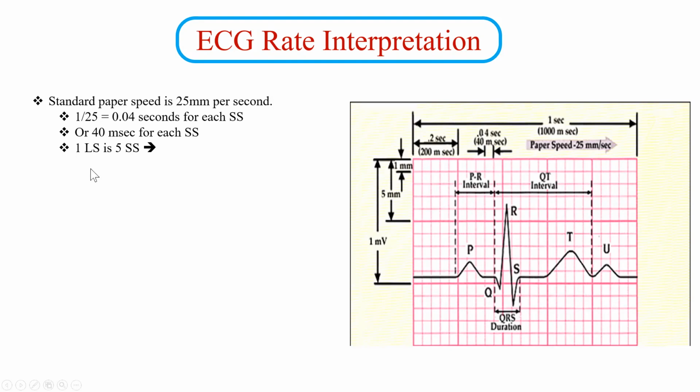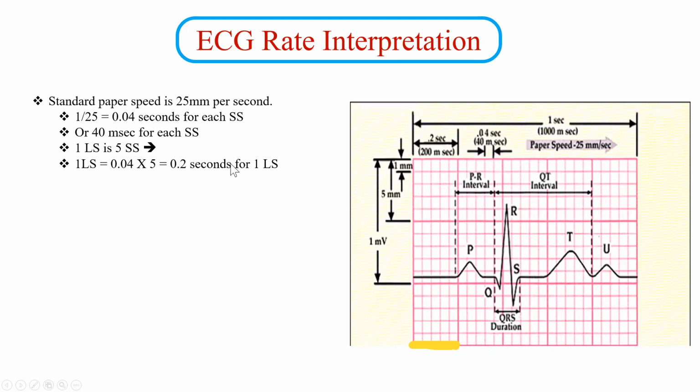Now, we remember that one large square, if we look here, is actually 5 small squares, right? So to eject one large square, we need 0.04 multiplied by 5, which is 0.2 seconds.